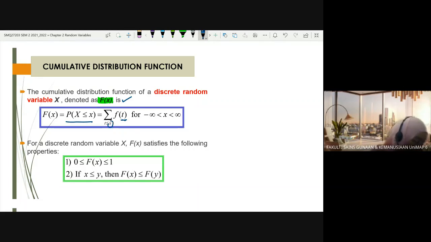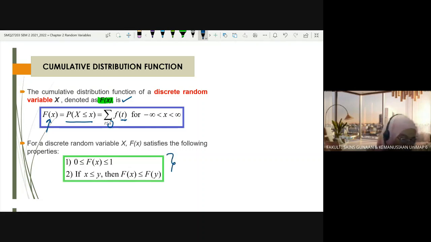Okay, so originally you are talking about F(x), and this x taking p-values, and these p-values can be less than or equal to this particular x. Let us see later. For a discrete random variable X, the F(x) satisfies the following, almost the same as what we have just now.